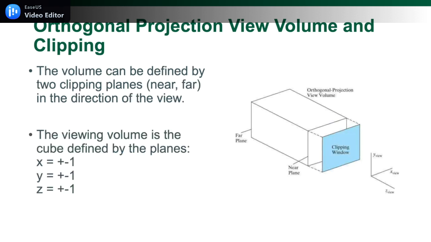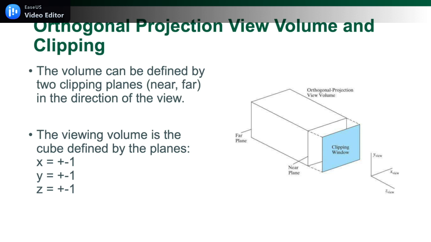The volume can be defined by two clipping planes, let us say near and far, in the direction of the view. So if z view was our direction of the view, we can have two planes parallel to the viewing plane, one of which is near to us and one of which is far from us. And the volume between those planes is our orthogonal projection view volume.